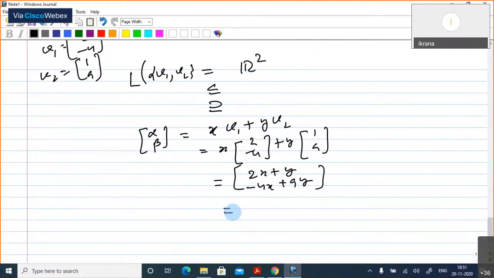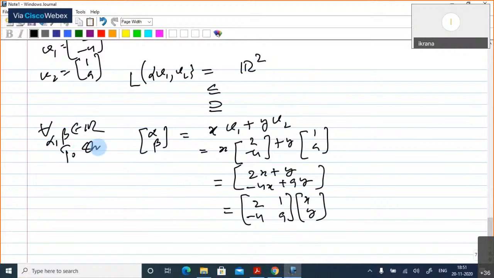Okay, so let me write this as the matrix with rows (2, 1) and (-4, 9) times (x, y). So for every (alpha, beta) belonging to R2, we need to show that there exist some x and y.